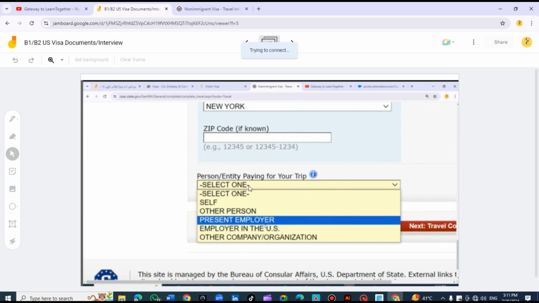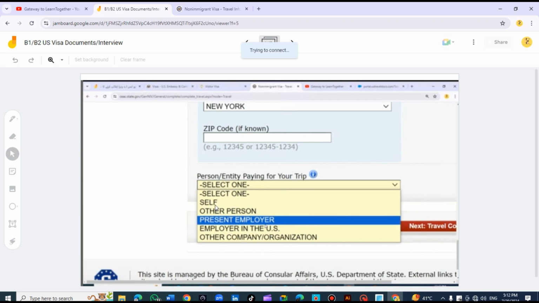Before I jump into B1, B2 US visa documents and interview tips, I want to explain one thing. There is a section in the DS160 form where they ask who is paying for your trip, and you have to choose one of the situations they have given you.